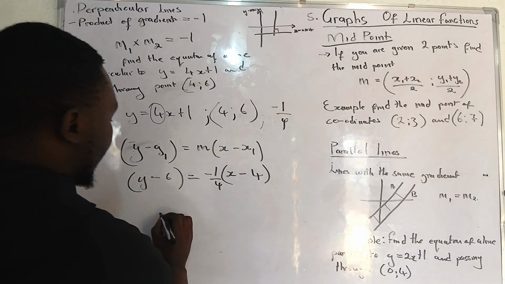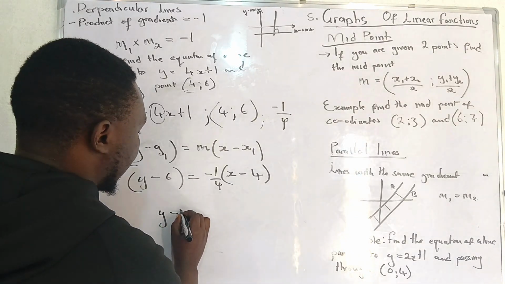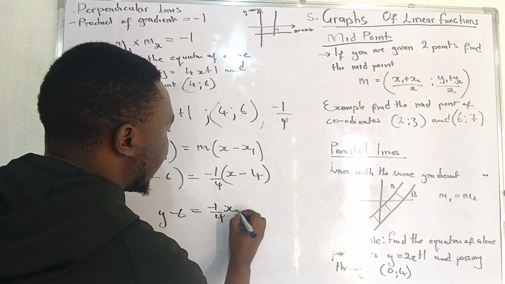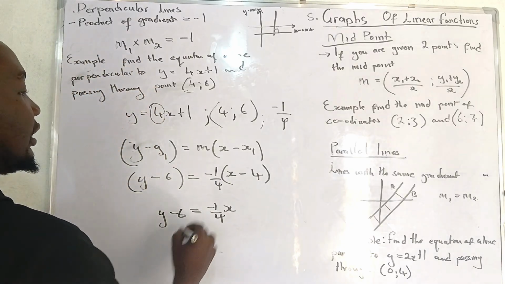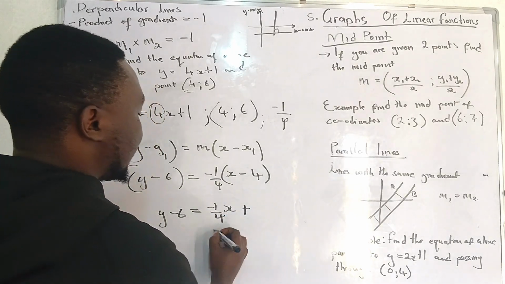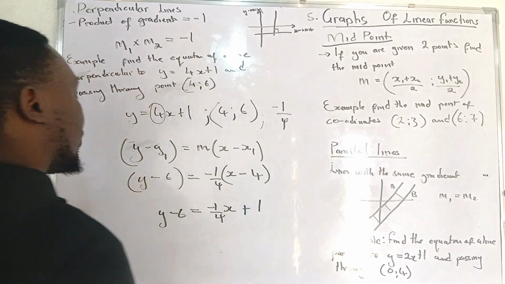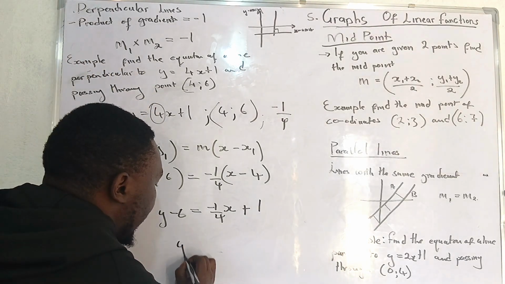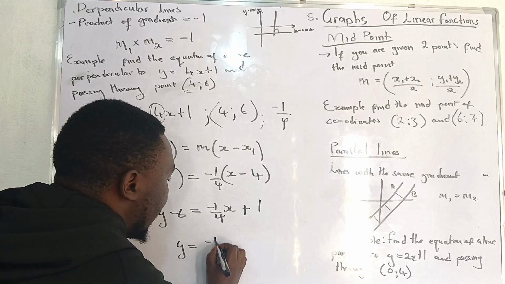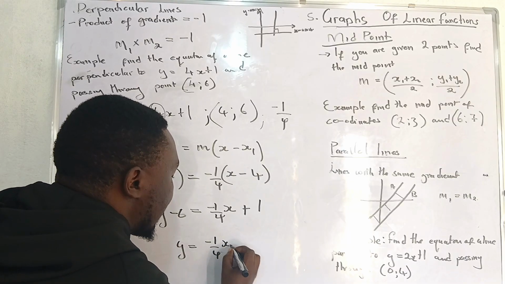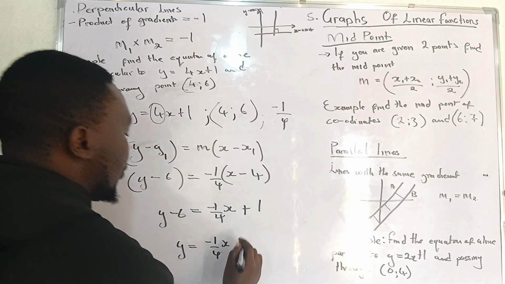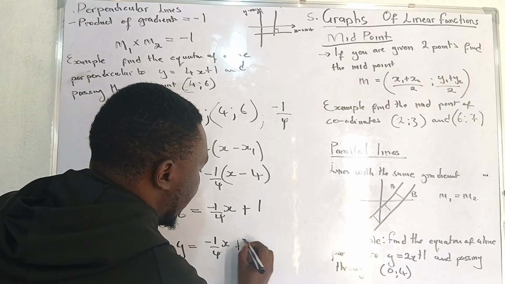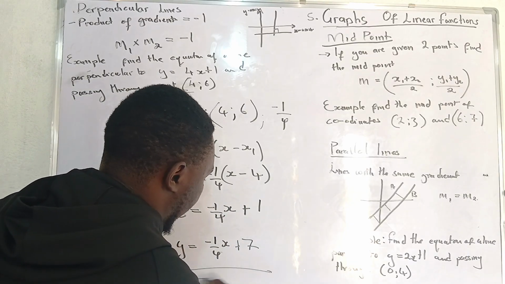So here we are going to have y minus 6 is equals to minus 1 over 4 times (x minus 4). Since there is a minus, we are going to have plus, and the 4s are going to cancel out. So we are going to have y is equals to minus 1 over 4x, and the 6 is going to go to that side, so plus 6, so it's going to be plus 7.